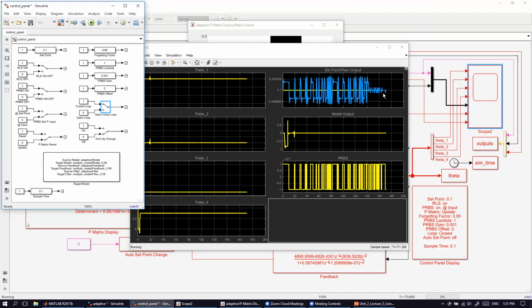What you see now is the auto tuning, so the controller tunes itself. We are happy at this point, and I can turn the recursive least squares estimator off and the controller tuning off. So now we have the controller with fixed parameters, and it's not updating anymore, right?